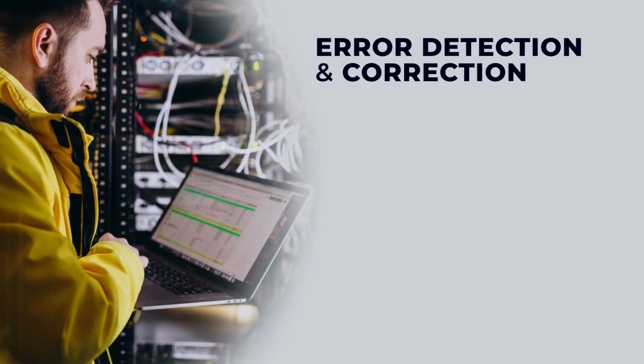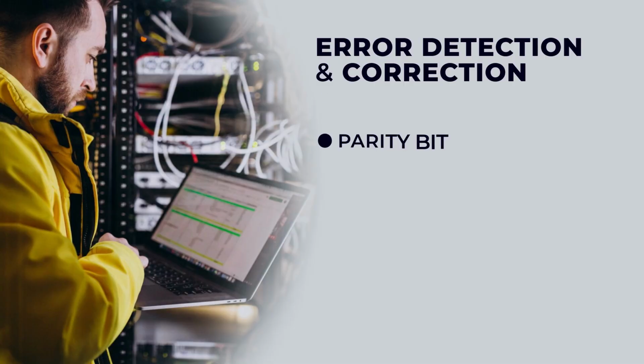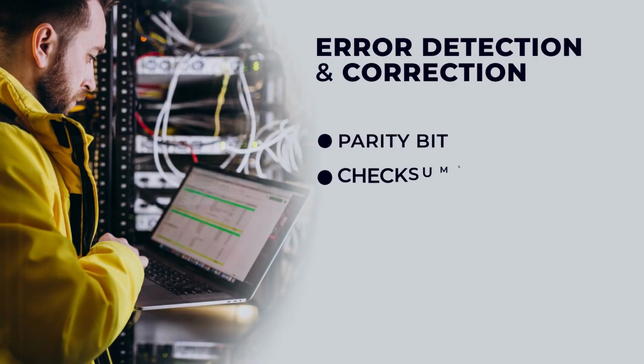Error detection and correction. To ensure data integrity, various error detection and correction techniques are employed. Parity bit. Add an extra bit to data to make the number of ones either even, that is even parity, or odd parity. Checksum.